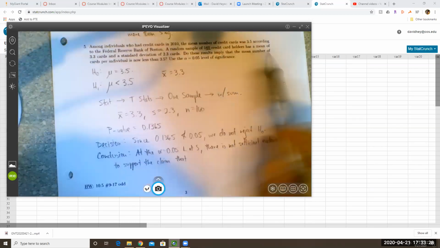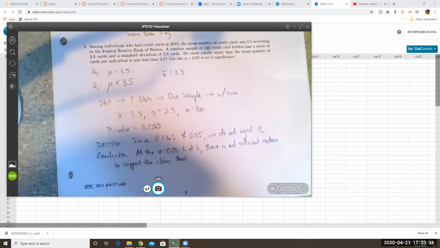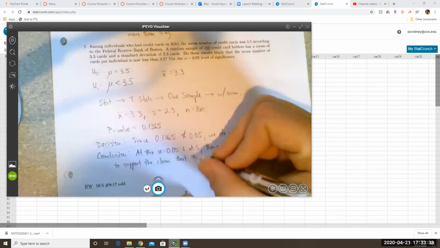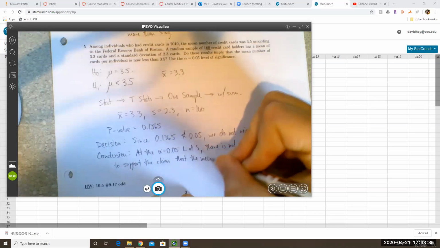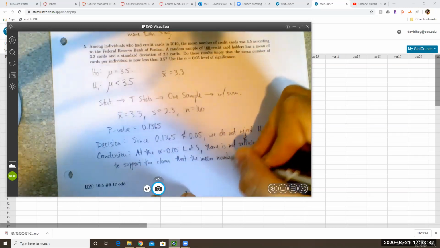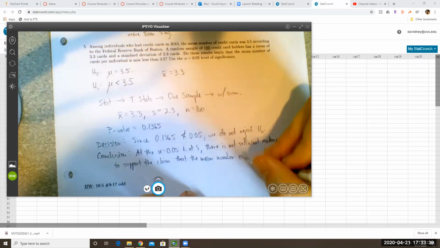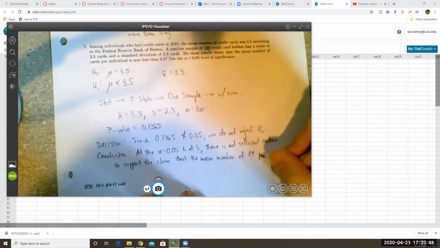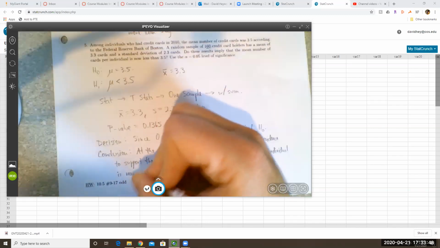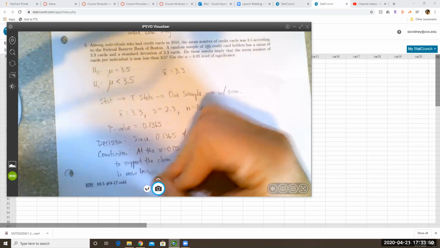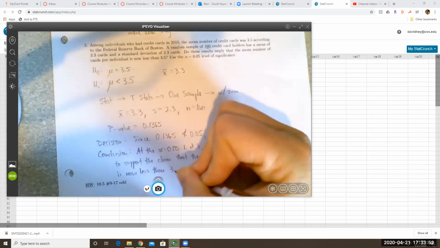That the mean what? That the mean number of cards per individual is now less than 3.5. Mean number of credit cards per individual is now less than 3.5.